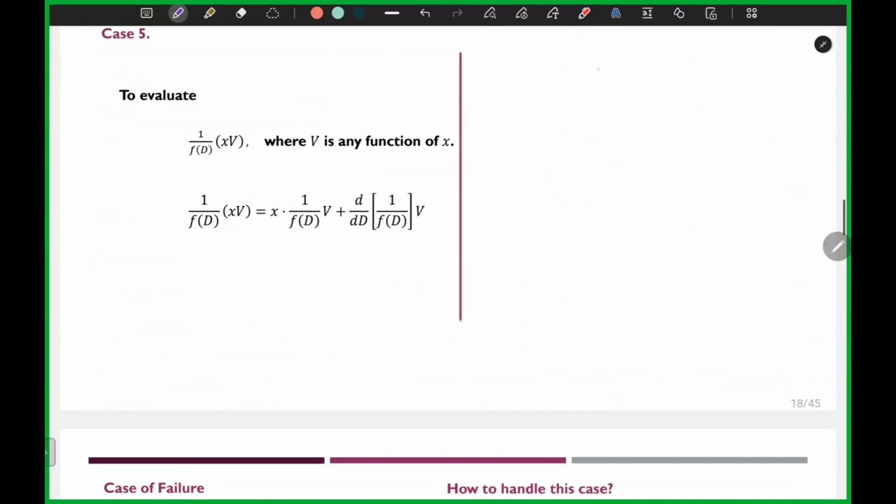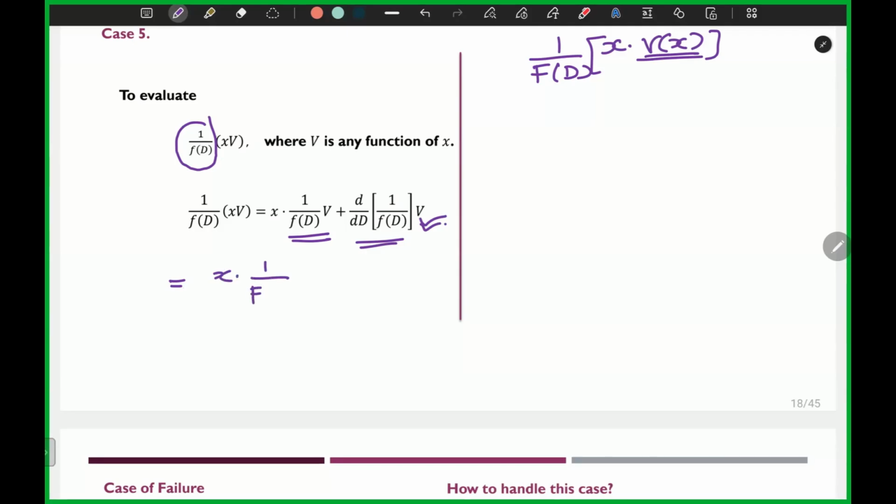So next we have case number 5, where the right hand side is x into some function of x, V(x). For this we have the direct formula. It can be written as x into 1 upon f(D) times V, plus the derivative of this thing multiplied by V only. So actually, what we are doing here is converting it into two different terms.